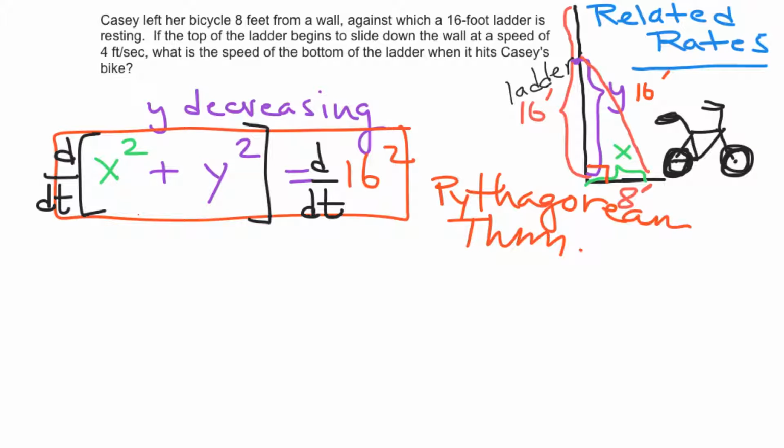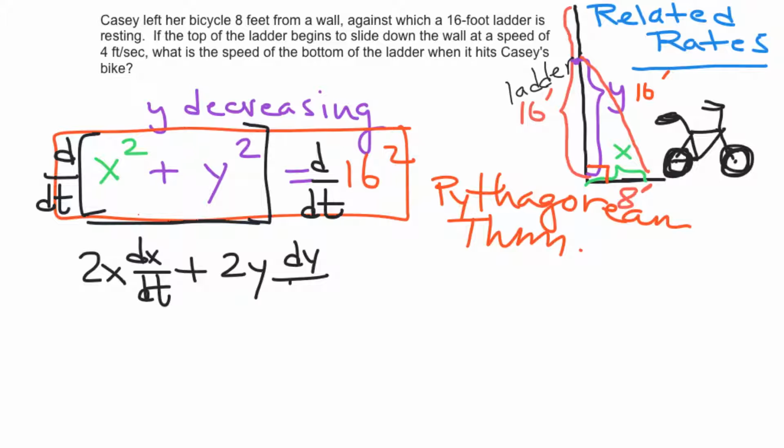But you see that we have to use the chain rule. So here we have 2x, but we have to have dx/dt because x is a function of t. And then when we differentiate the y, we get 2y dy/dt. And what happens on the right-hand side? Well, the derivative of a constant is 0.